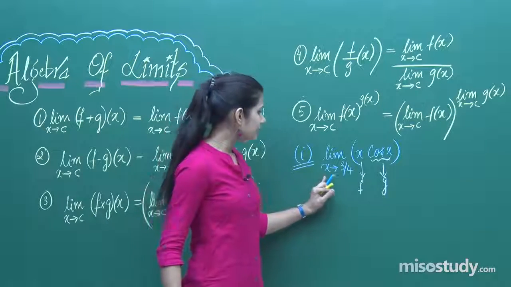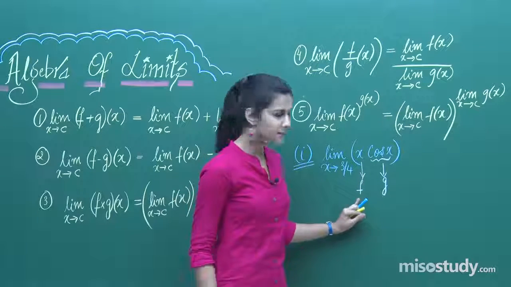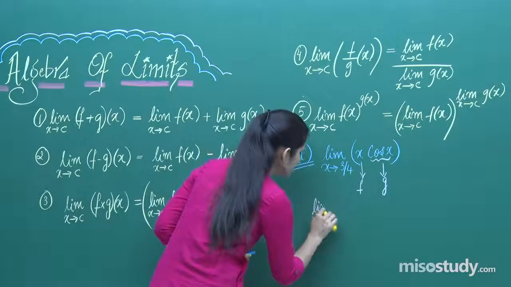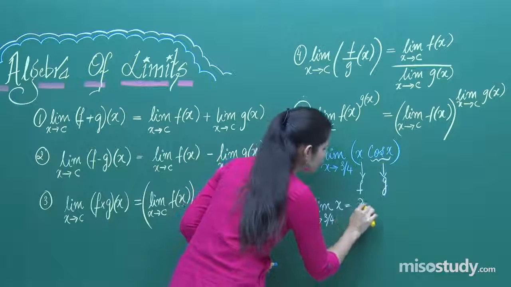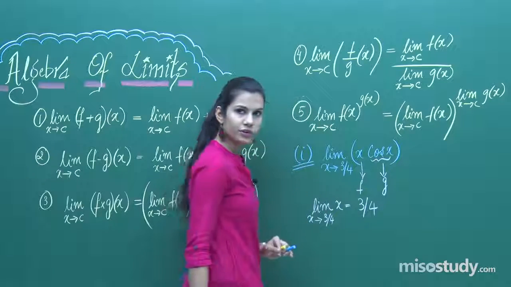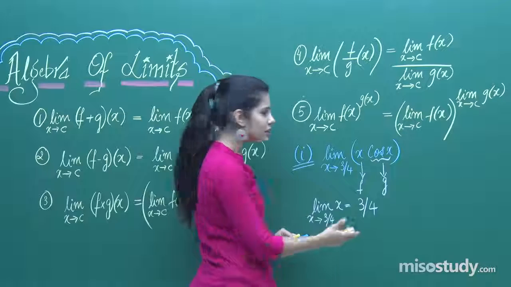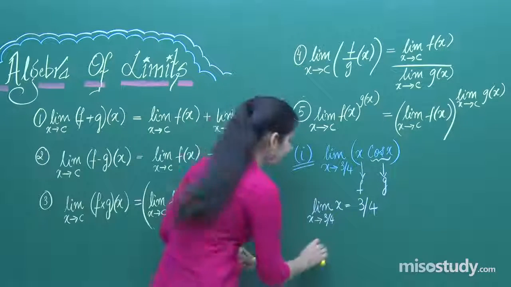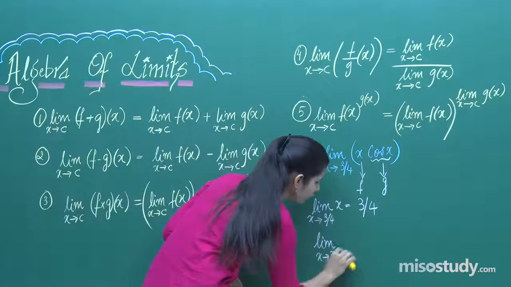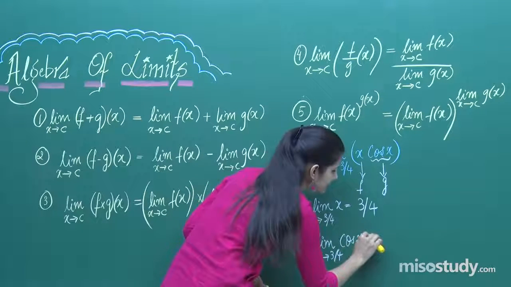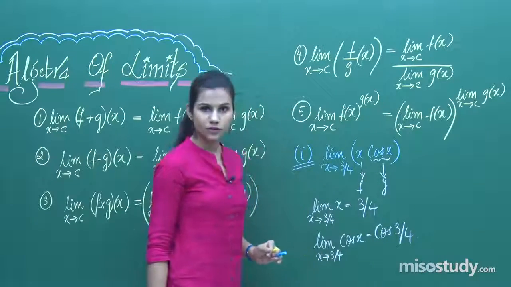So what is the limit at the point 3 by 4 of the function f, which is x? Limit x approaches 3 by 4 of x, you know it is 3 by 4. And what is the limit at 3 by 4 of the function g, the next individual function involved in this combination? It is cos x. So what is limit x goes to 3 by 4 of cos x? It is nothing but cos 3 by 4, right?